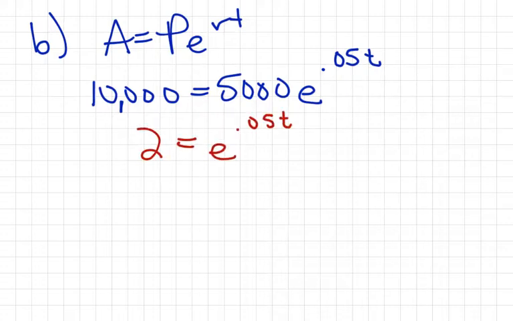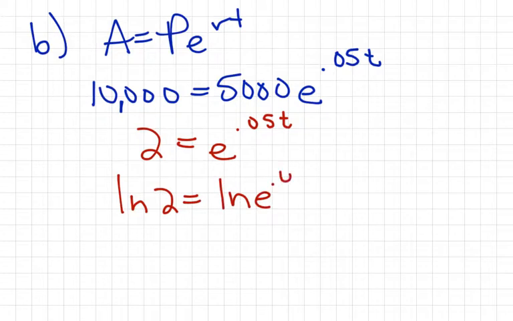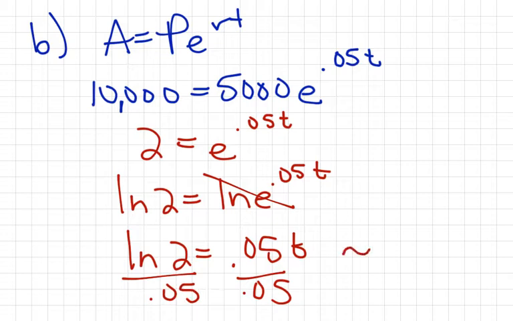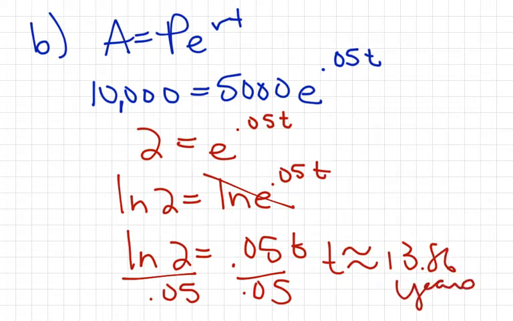And then, to get the t out of the exponent, I'm going to take the natural log of both sides, which cancels the e. So you're left with the natural log of 2 is equal to 0.05t. And then I'm going to divide both sides by 0.05. And I'm going to find out that t is approximately 13.86 years. There's not a ton of difference in the amount of time, but continuous compounding is shorter.